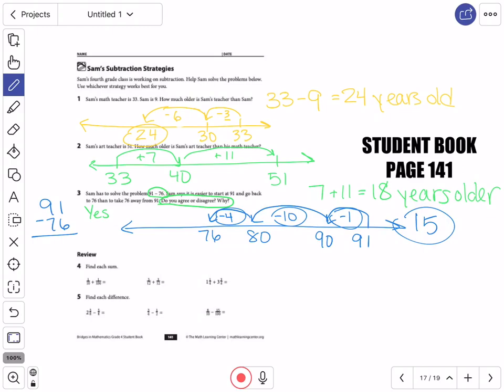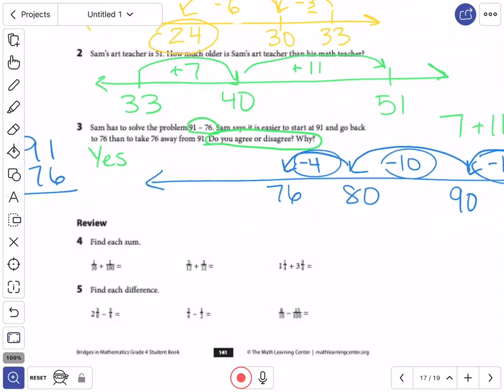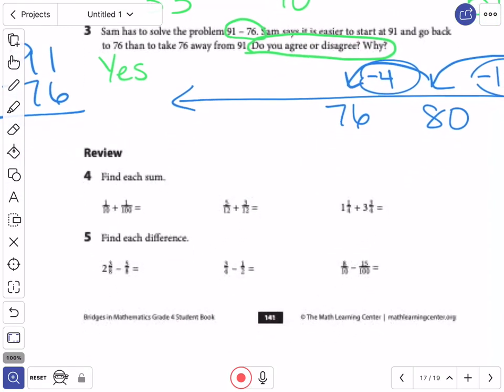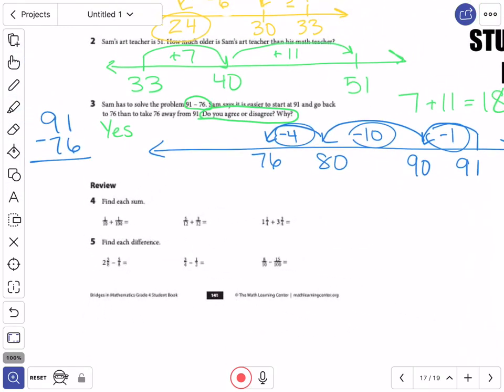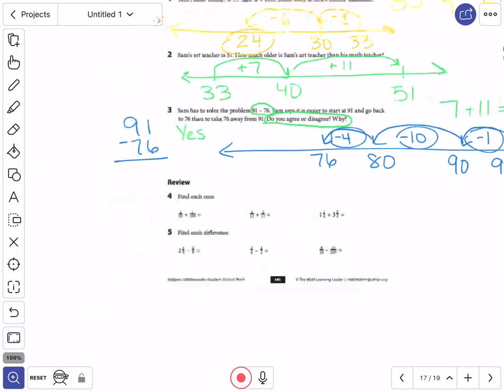And then last but not least, we're going to solve these review problems. So, find the sum for each. Well, I know this is really hard to see, so I wonder if it'll let me zoom in here. Look at that, I get to zoom in, and it's 1/10 plus 1/100th. Well, I know that 1/10 is really 10 hundredths, right?